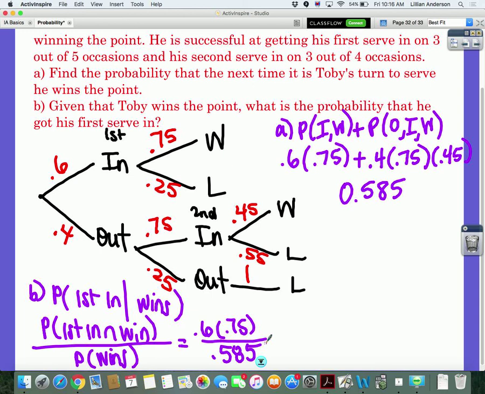So the probability that his first serve went in, given that he won the point, is what? 0.769?